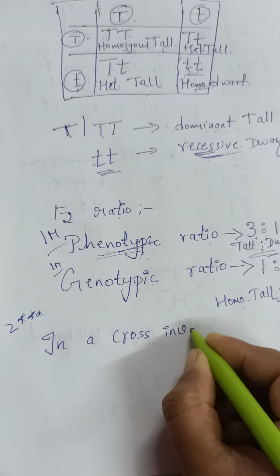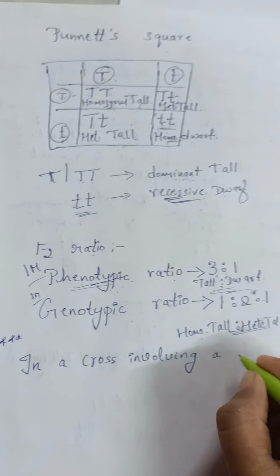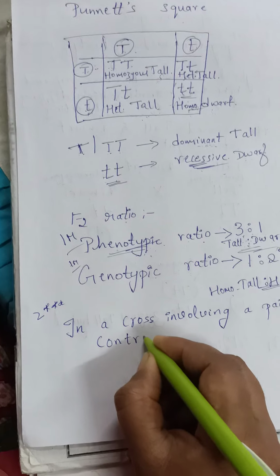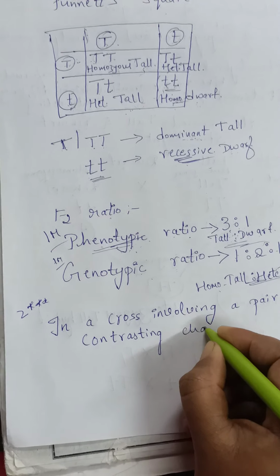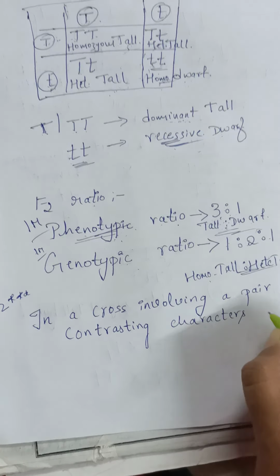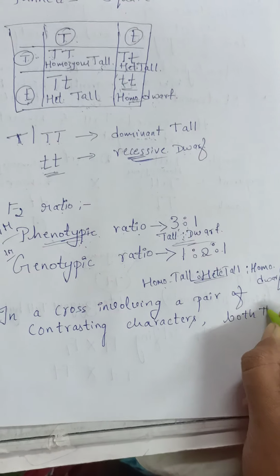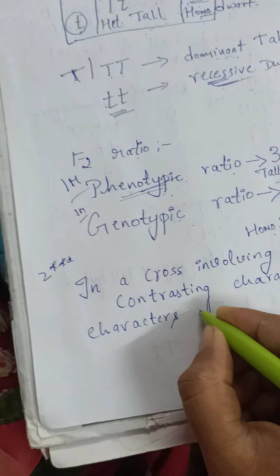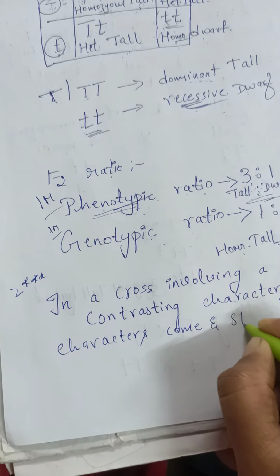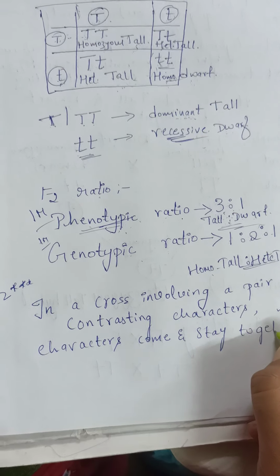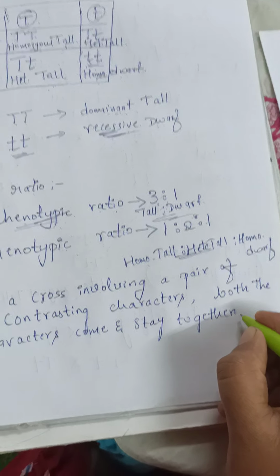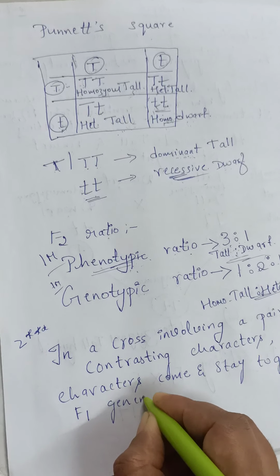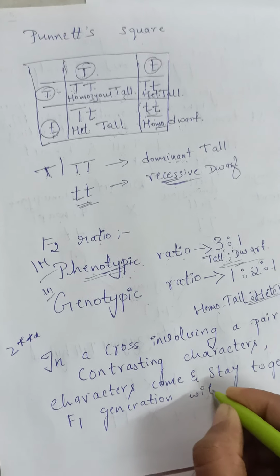In a cross involving a pair of contrasting characters, both the characters come and stay together in F1 generation without blending.